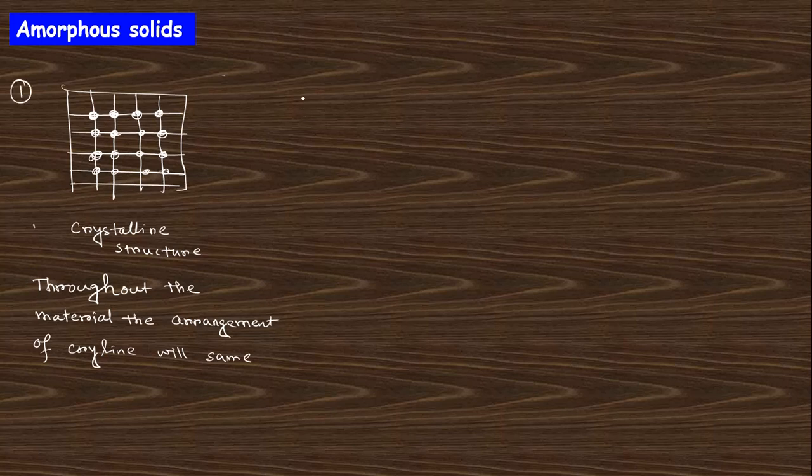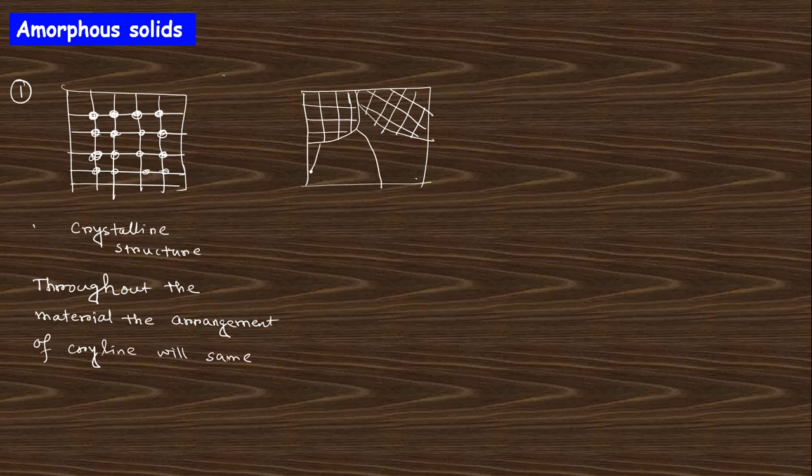And in some materials, in this portion there is one arrangement, and in another portion there is another arrangement. So there is crystalline order, but only in a small region.